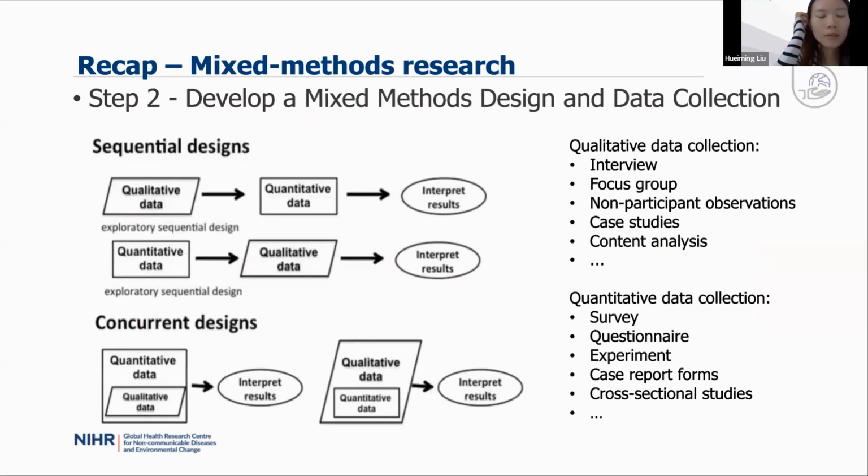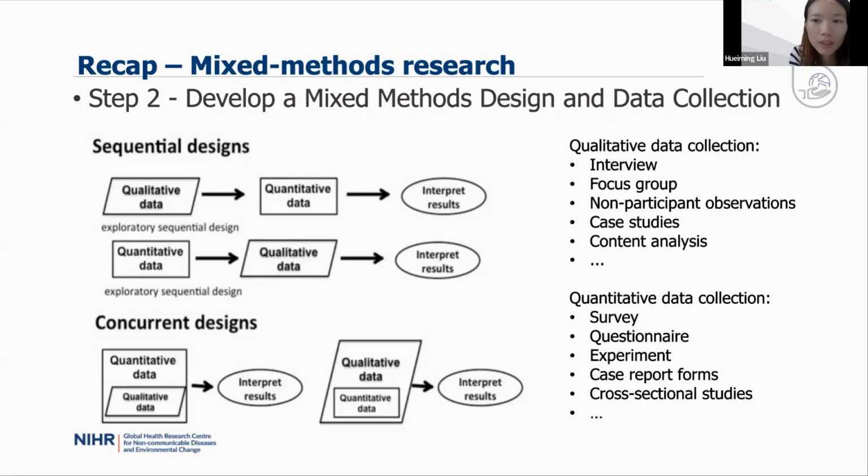After you develop the question and also the design, then you will have a better idea about what kind of mixed methods design and what data you're going to collect to answer your research question for the process evaluation. So probably you still remember from last session, there are a few different types of design. It can be exploratory sequential or explanatory sequential, or it can be parallel, convergent, with analysis at the same time.